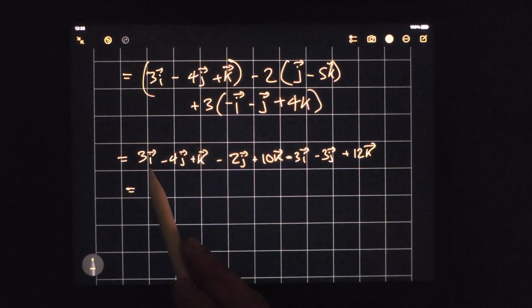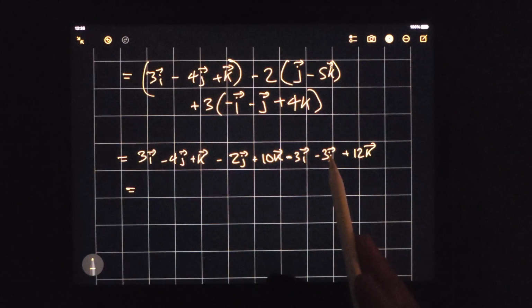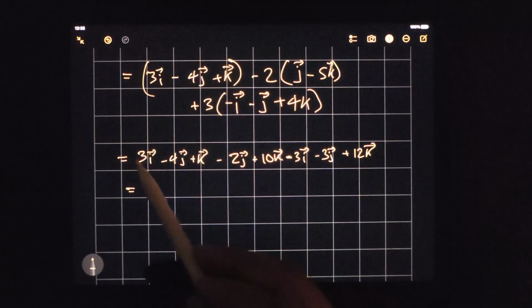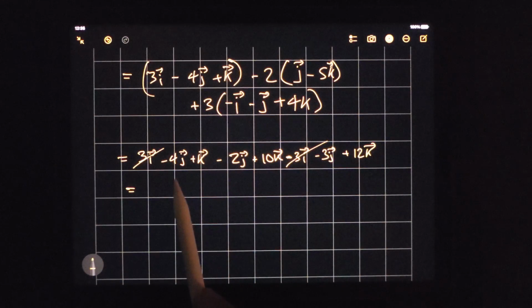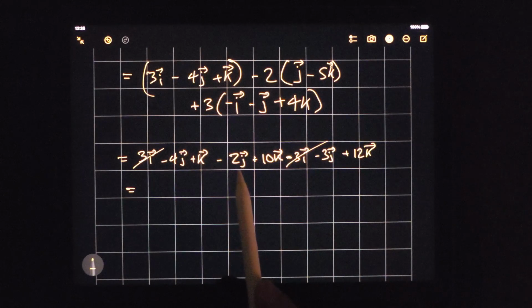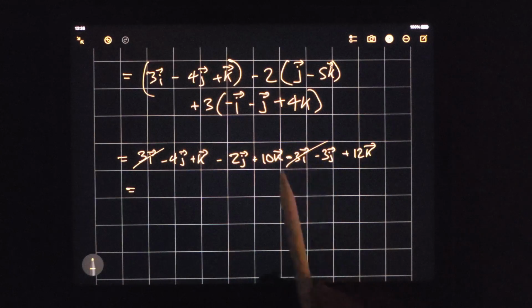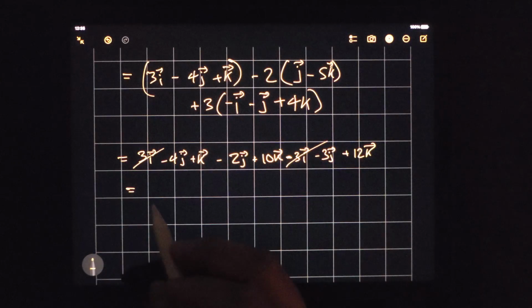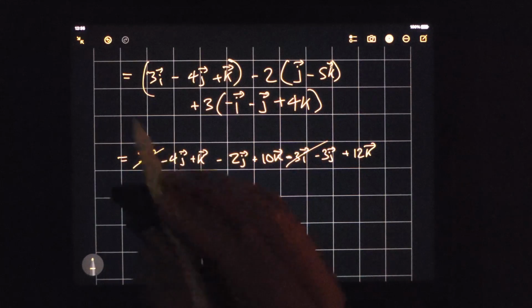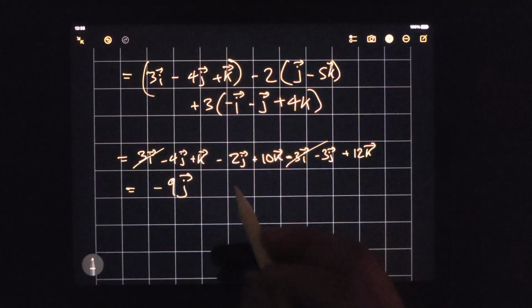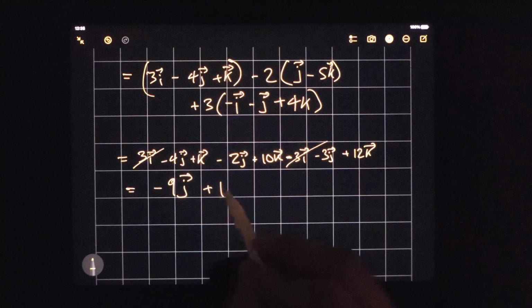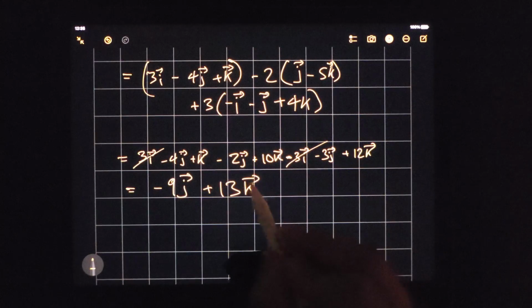So now that you have our i, we have 3i here, and then we have a negative 3i here, so the i's will cancel. That's good. We have negative 4j minus 2j minus 3j. So that in total will give me negative 9j plus 13k.